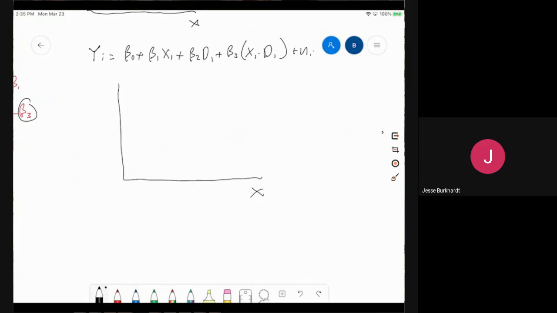Draw the same thing. We're still going to get two lines, but now they look a little different.